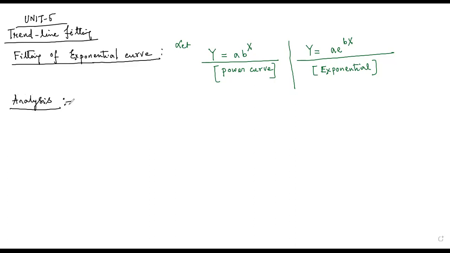A similar approach can also be thought of for the exponential curve. If you think that your data is best fitted by an exponential curve or power curve, and you are choosing the curves accordingly, then you will find that in this curve we have got a non-linearity of this form, where the constant has been raised to the power x, and it is very difficult to analyze such a curve.